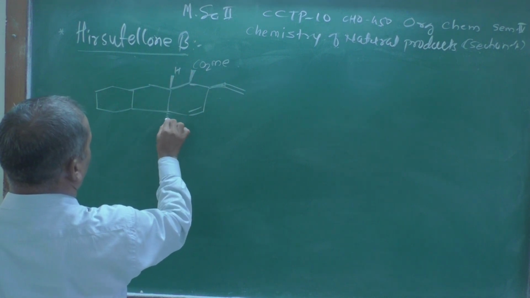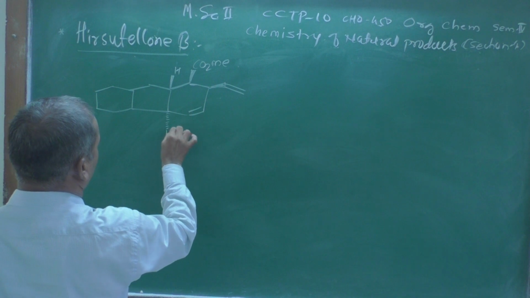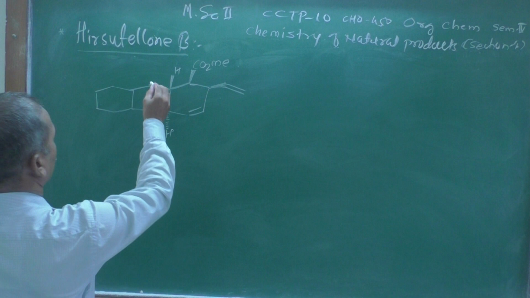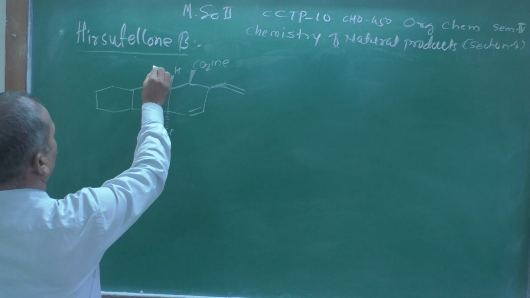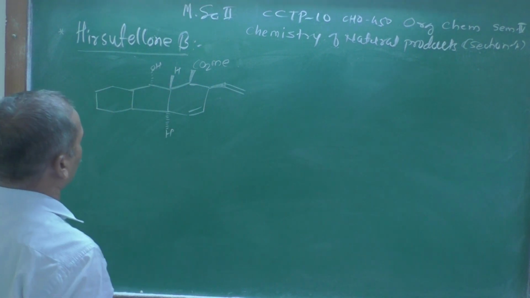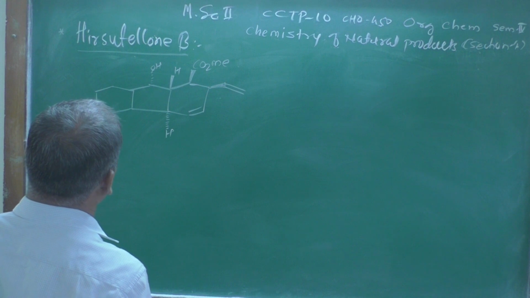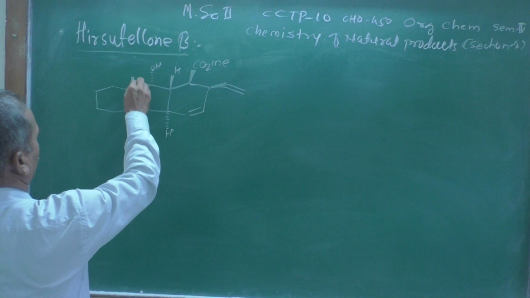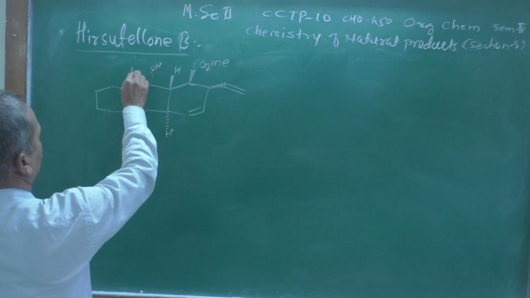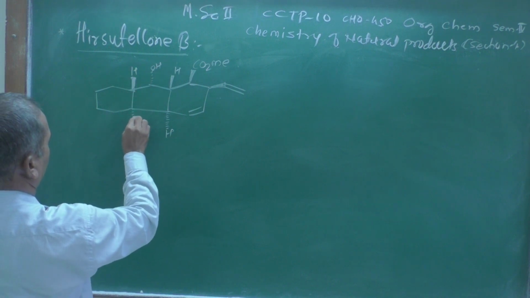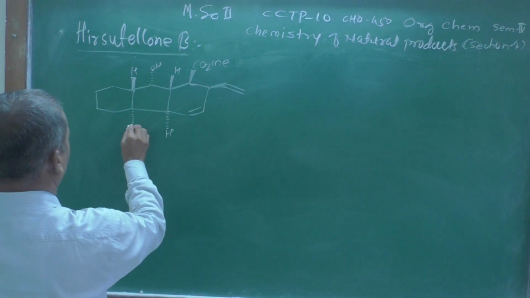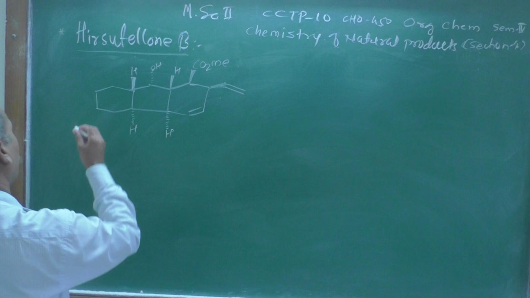the plane, and another hydrogen atom goes away from the observer, and here we can show that the hydroxy group is above the plane, where at this junction there is a hydrogen atom which is above the plane, and at this junction the geometry is trans, here the hydrogen atom is below the plane.